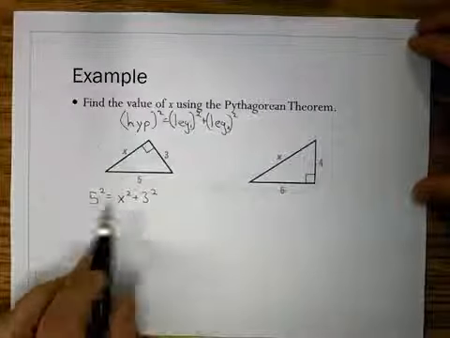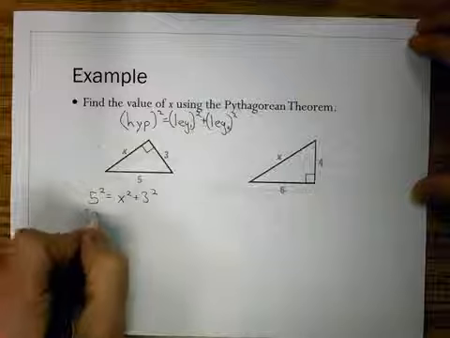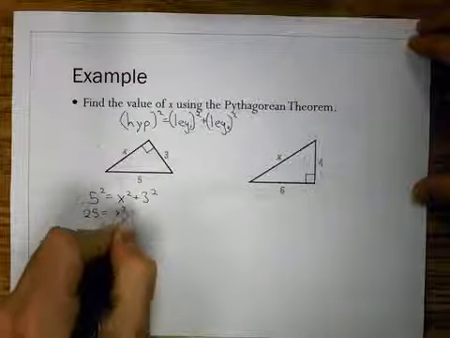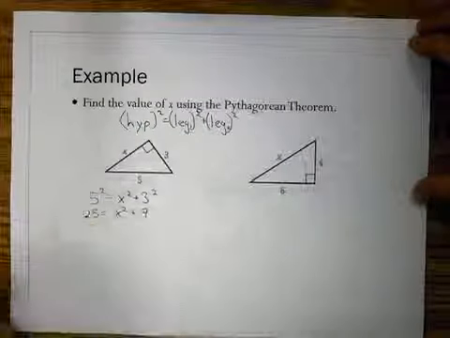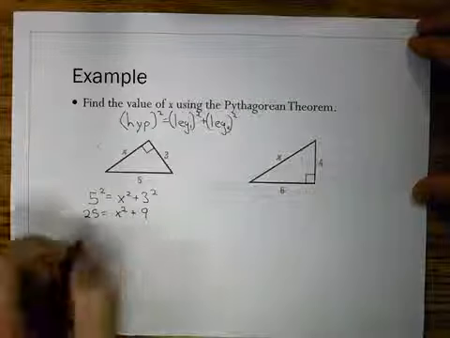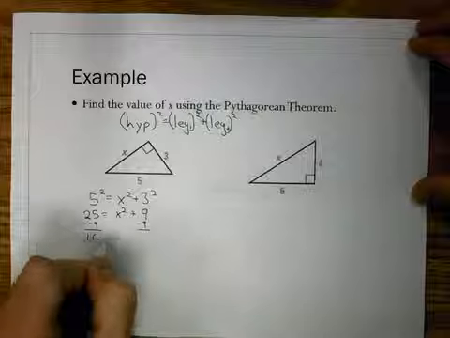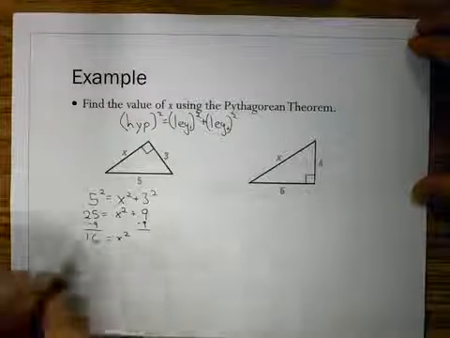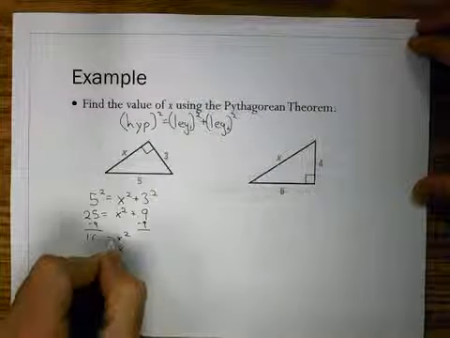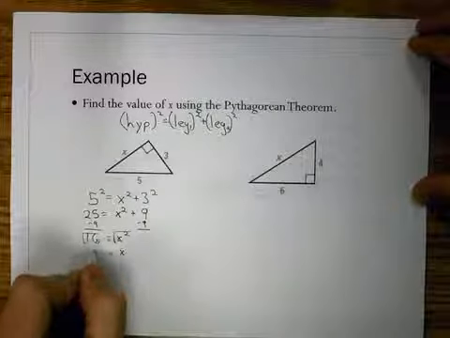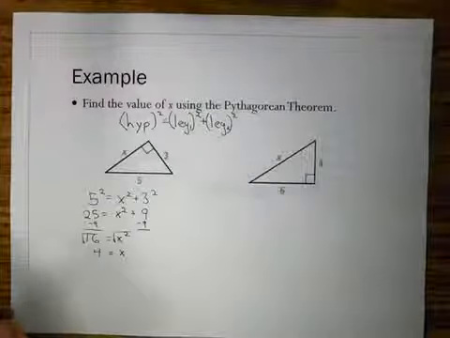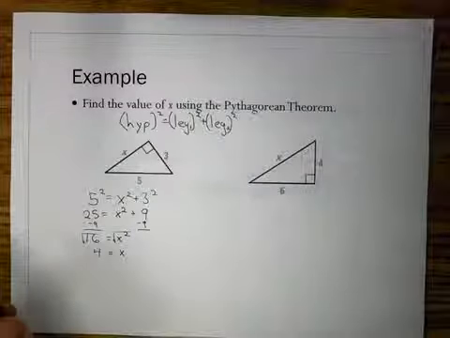If I square the values I have, I get 25 equals x squared plus 9. Subtract 9 from both sides to get the x squared by itself. I get 16 equals x squared. Take the square root, and I get x is 4. So the length of my leg is 4.